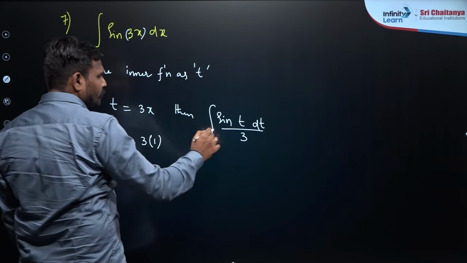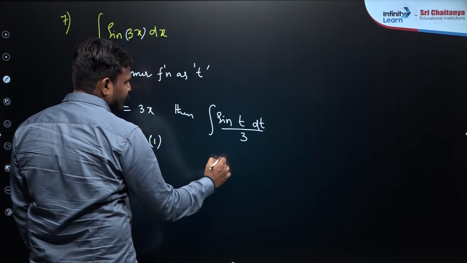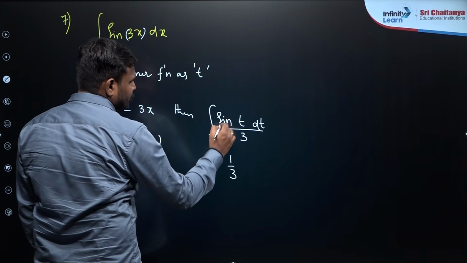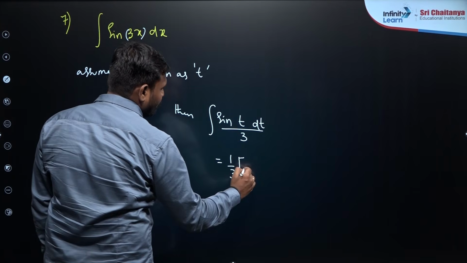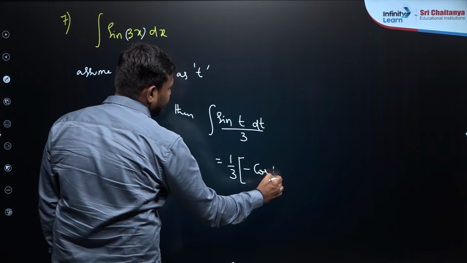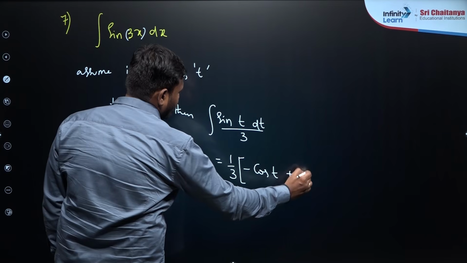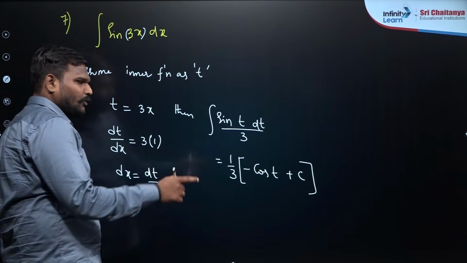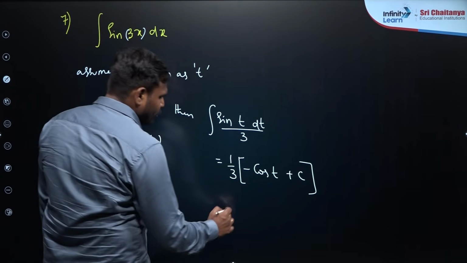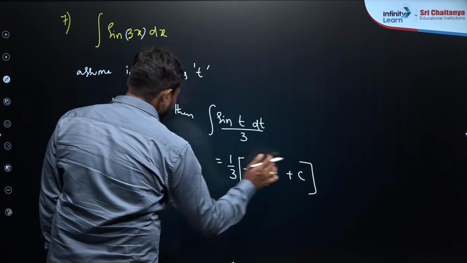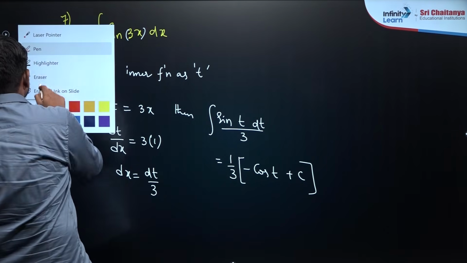So constant keep outside. Integral of sin t dt is minus cos t. And t you have assumed. So what can we write here?